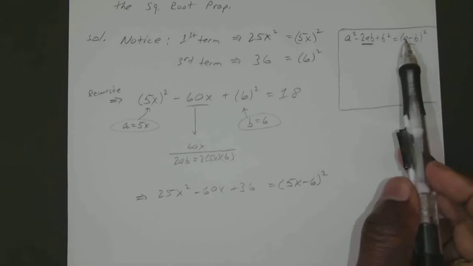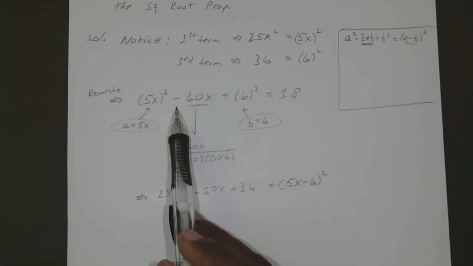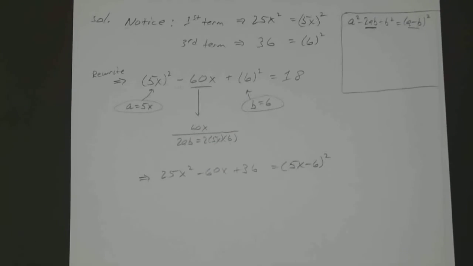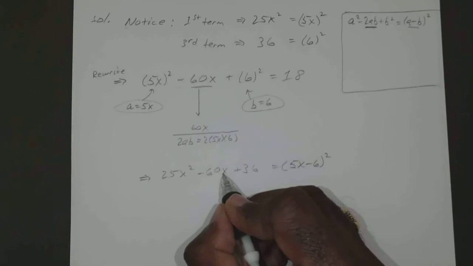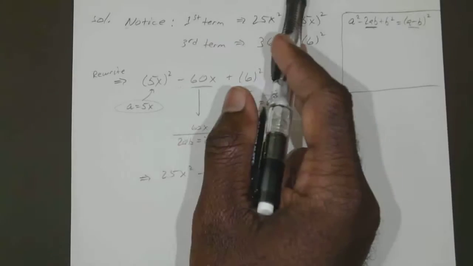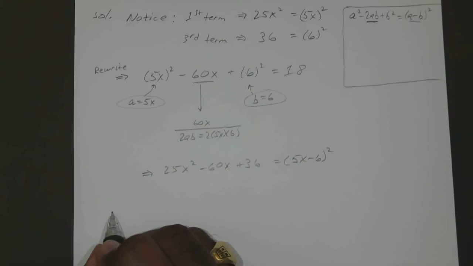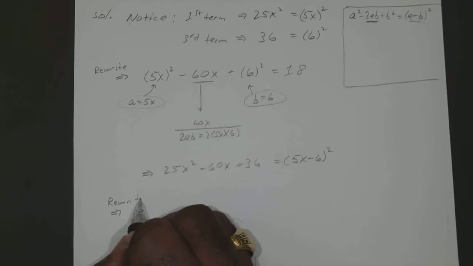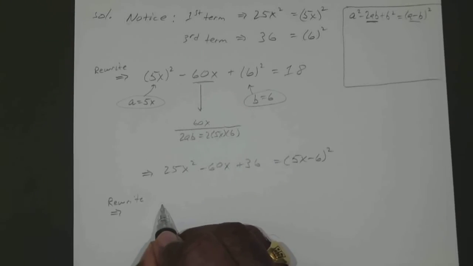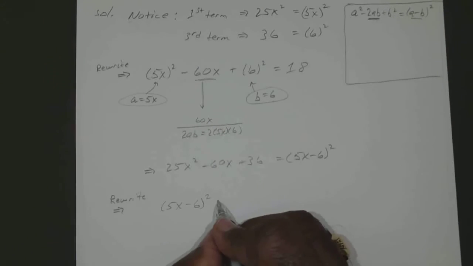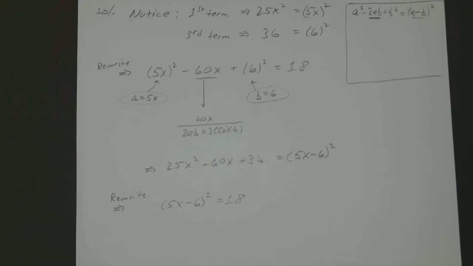If it's plus, then you use (a plus b) squared. If that's minus, you use (a minus b) squared. Okay, so now we can just rewrite that whole thing. So we have (5x minus 6) squared equals 18.